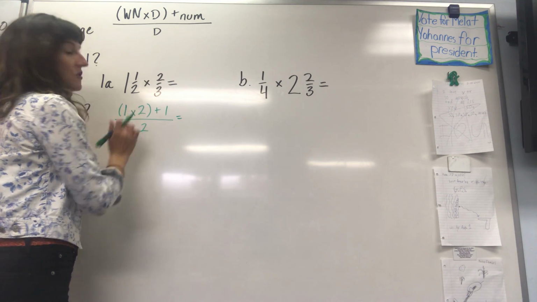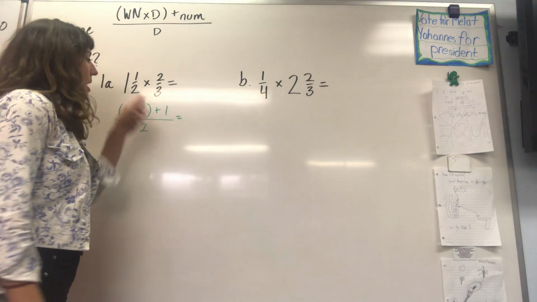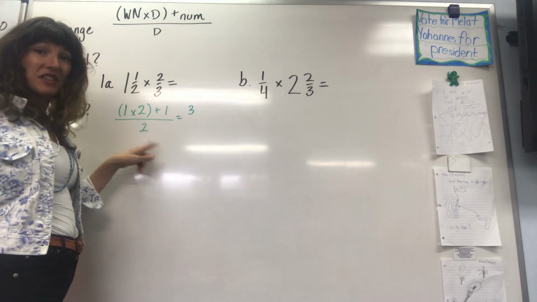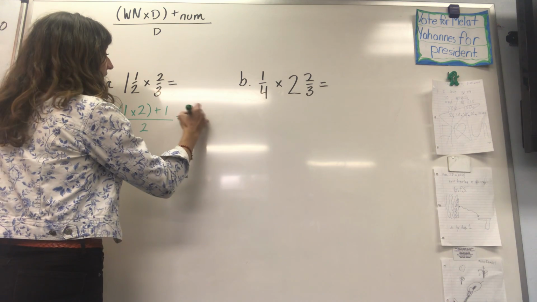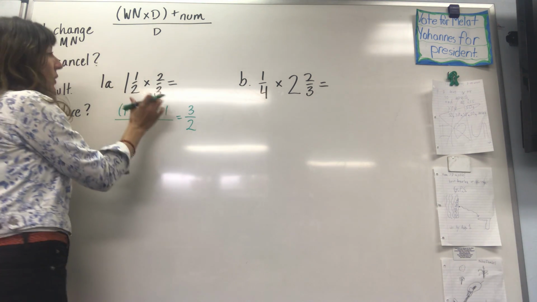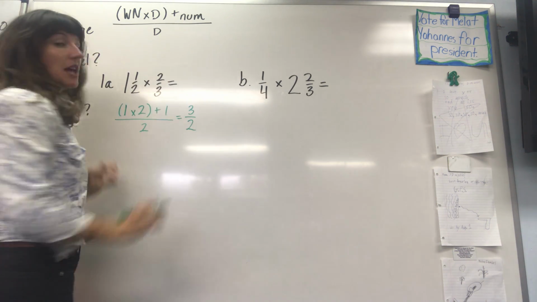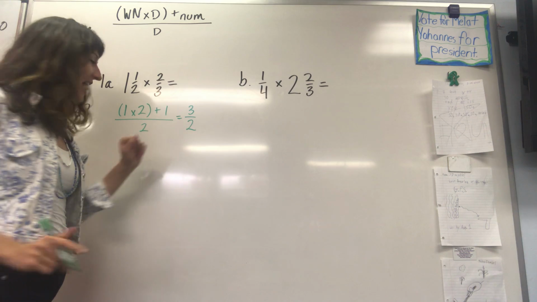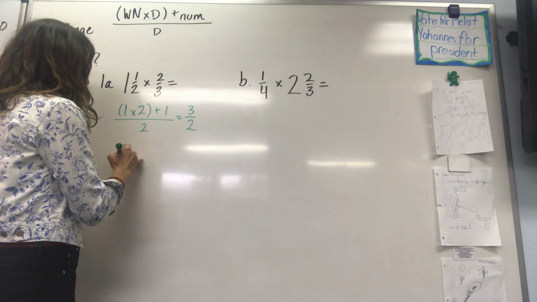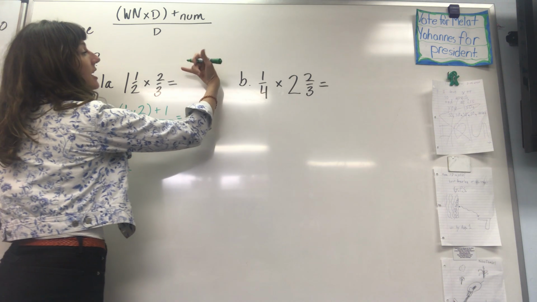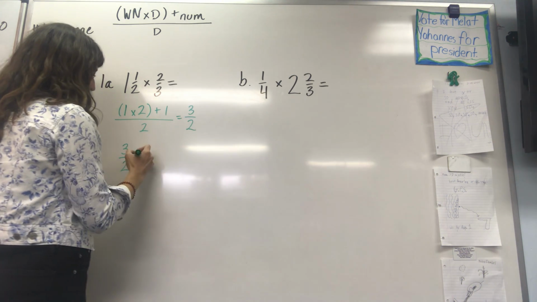That equals 1 times 2 is 2, plus 1 is 3, all over my denominator, which is 2. That is my new number I'm going to use in this place. So I now rewrite my original equation with this improper fraction. 3 over 2 times my original second fraction, 2 over 3.